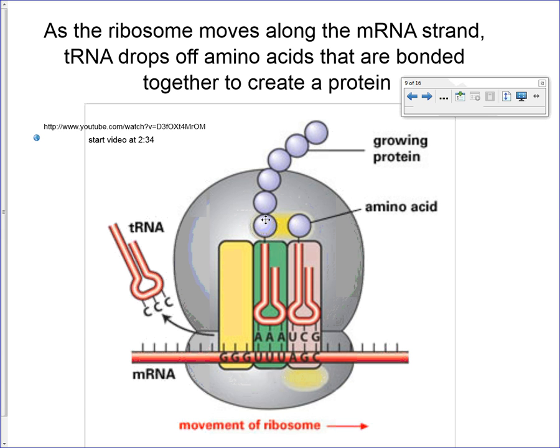UUU is phenylalanine, so this one is phenylalanine. The next amino acid in line to be made into this protein corresponds with the codon AGC, and AGC is serine. This codon will match up with this anticodon, and that's how the tRNA molecule knows which one is coming next.